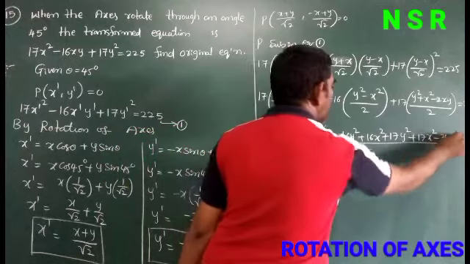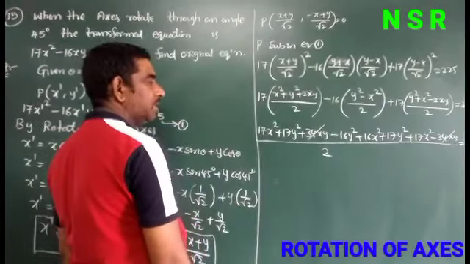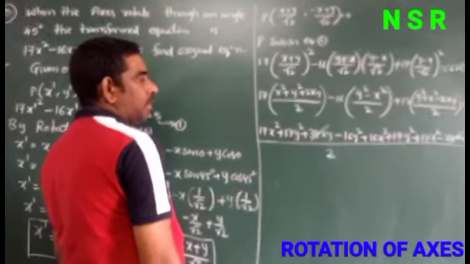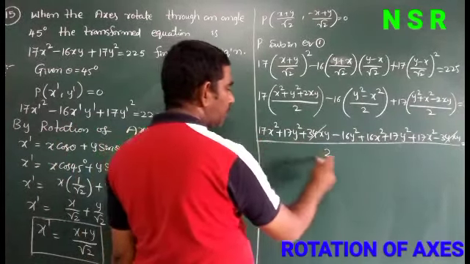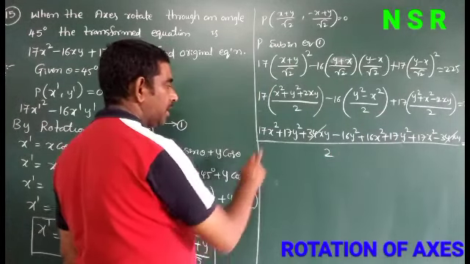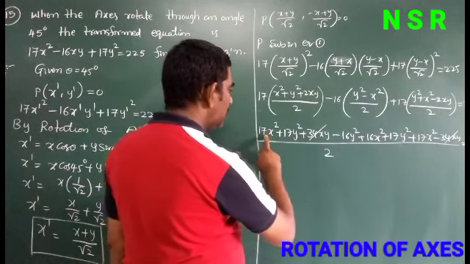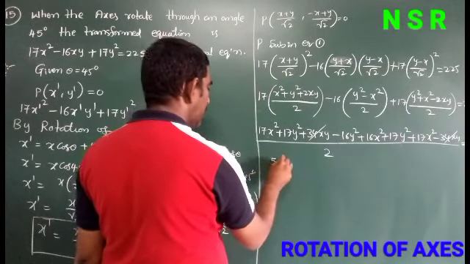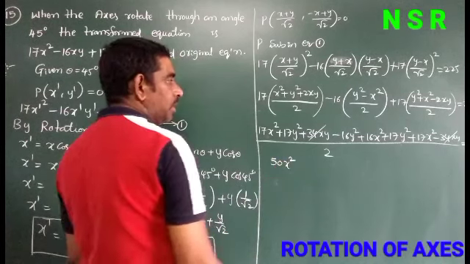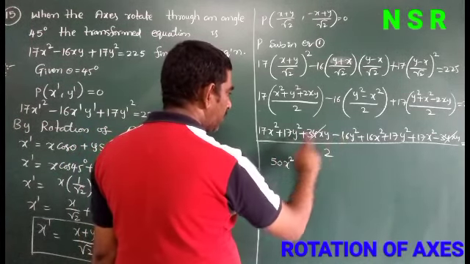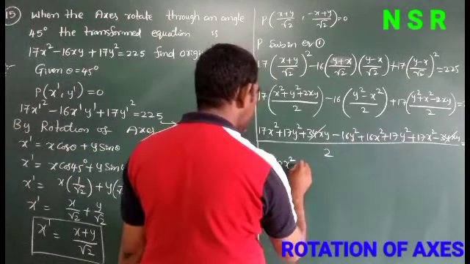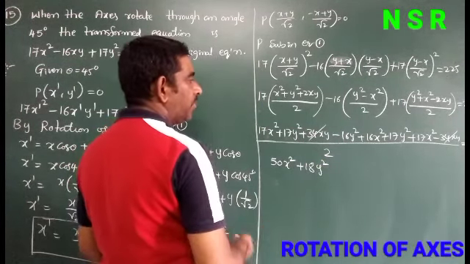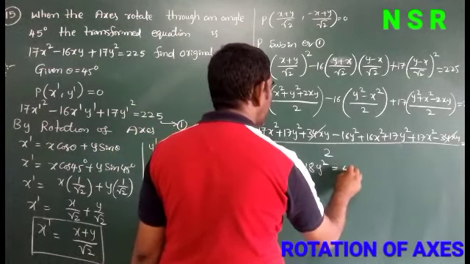Here 34xy and minus 34xy cancel. Next the 2 multiplies 225. The x square terms: 17 plus 17 is 34, plus 16 is 50x square. The y square terms: 17 minus 16 is 1, plus 17 is 18y square. And 225 into 2 equals 450.